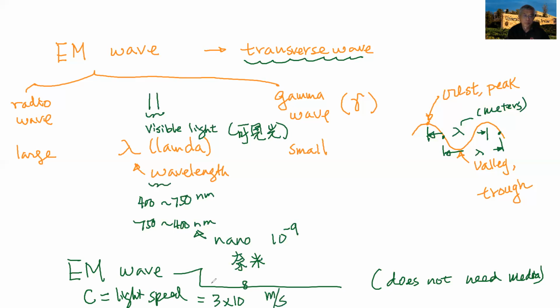All of them, including radio and visible light, and here you have microwave, and then you have infrared, also called IR. In Chinese it's called 红外线.